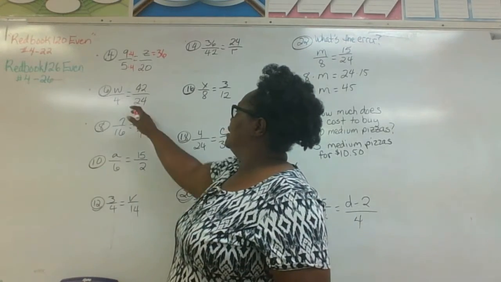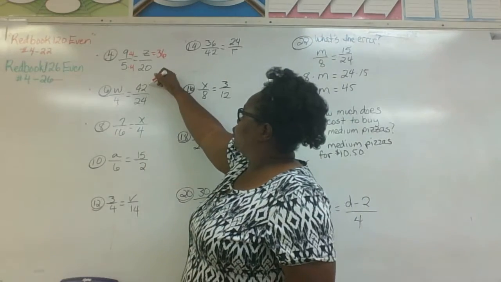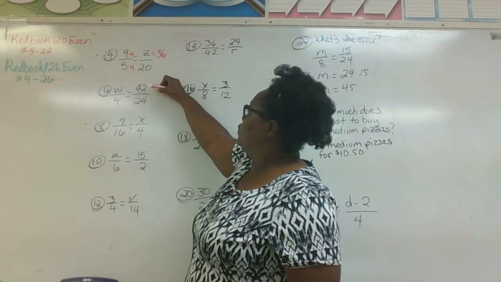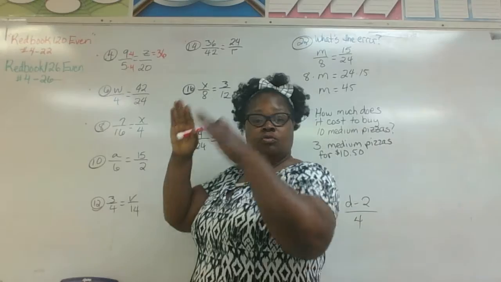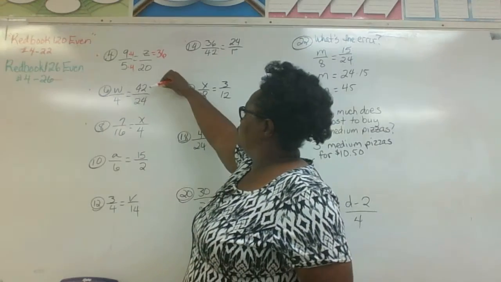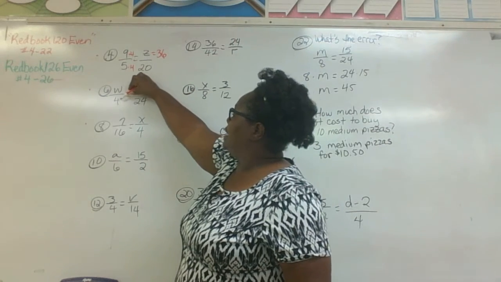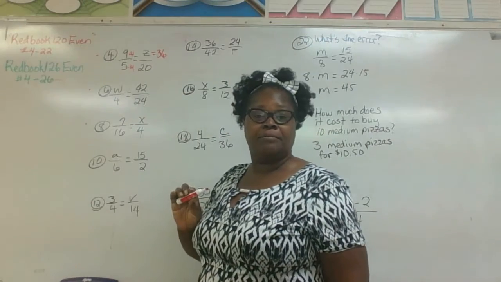Let's move forward. Let's move to number 6. On number 6, now we have the greater value, both the numerator and the denominator, and we're going to a lesser value. So we obviously reduce, or we divide. To move from a greater value, 24, to a lesser value, 4, 24 is divided by what number?